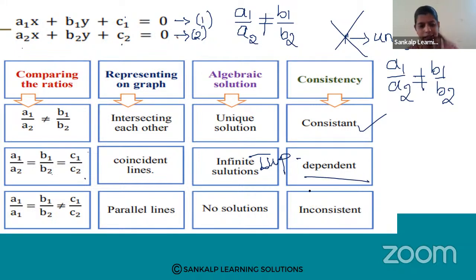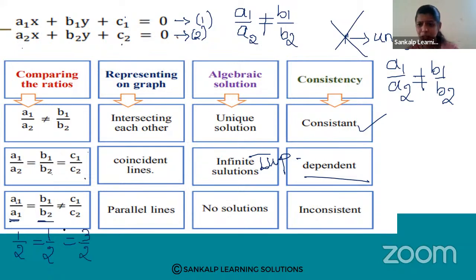Next, when you get the result a1 divided by a2 is equal to b1 divided by b2 but not equal to c1 divided by c2, that means the first two ratios are the same. For example, a1 divided by a2 is 1 divided by 2 and b1 divided by b2 is also 1 divided by 2, but c1 divided by c2 is 3 divided by 2.